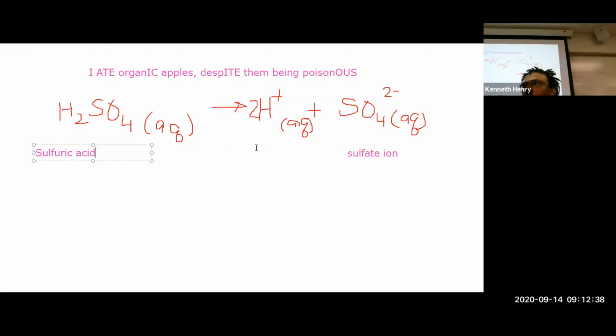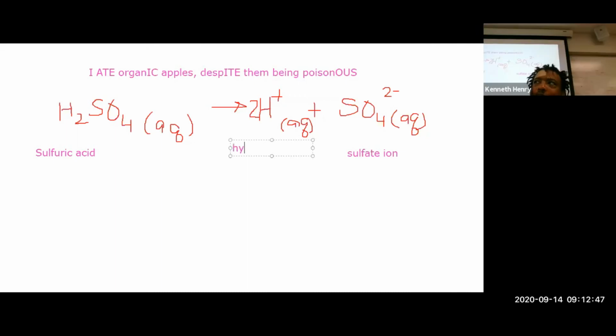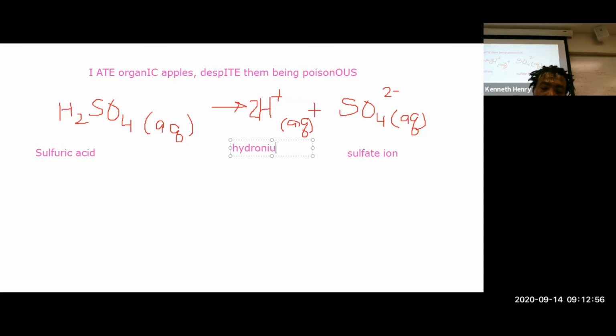And we know what this ion is called, right? What is this ion called again? The H+. Hydrogen. You can call it the hydrogen ion, but typically we call it the hydronium. Okay. Although really the hydronium is the H3O plus.